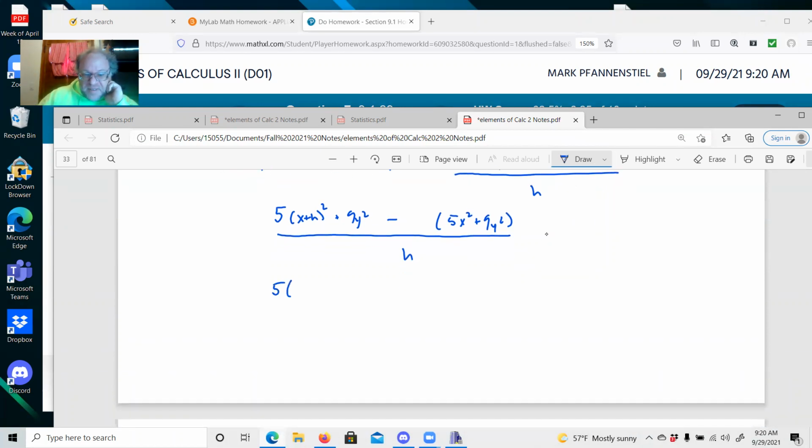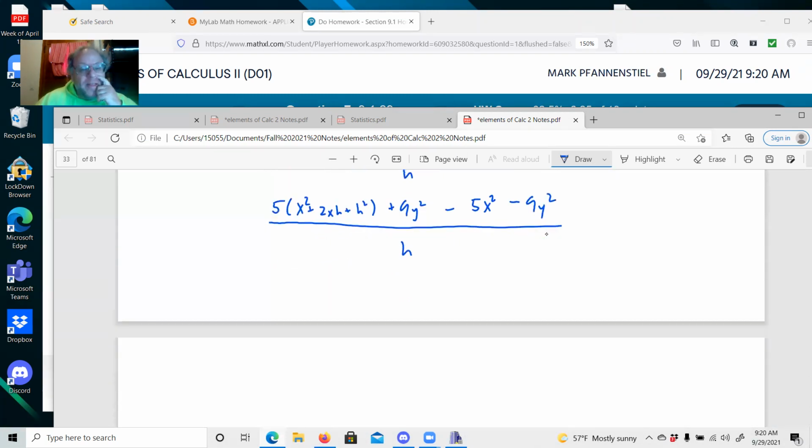So this is 5 times x squared plus 2xh plus h squared. All I did was multiply this out. I can do this a little bit quickly. Plus 9y squared minus 5x squared. Don't forget to multiply this through by both of them, minus 9y squared, okay.